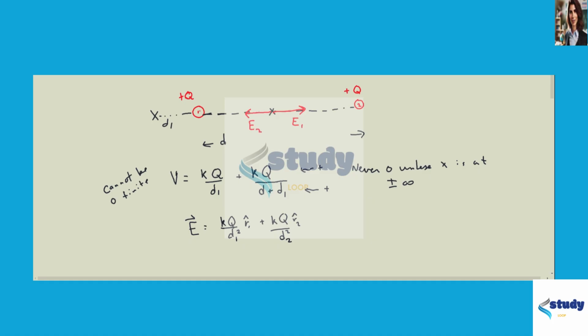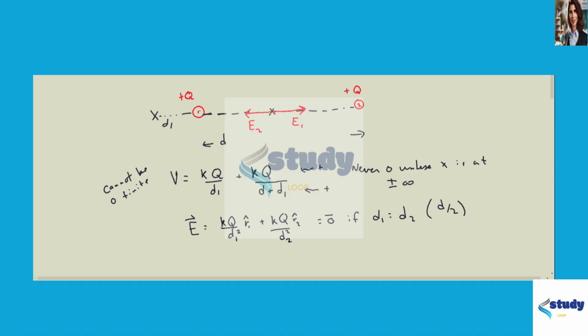And so if those are equal in magnitude, they will cancel. So that tells us that the electric field is 0 if D1 is equal to D2. And that means right in the middle of the distance separating them.